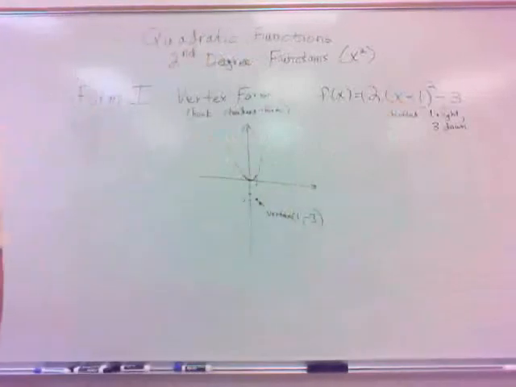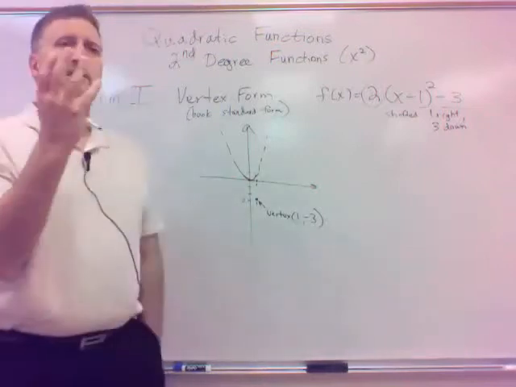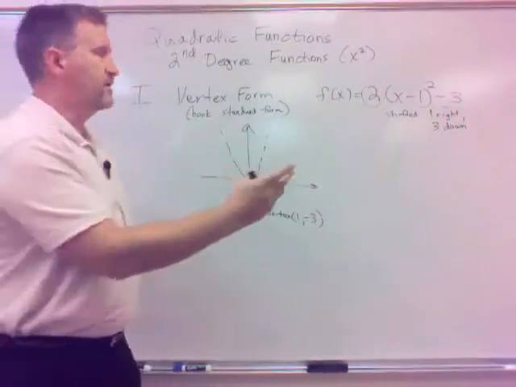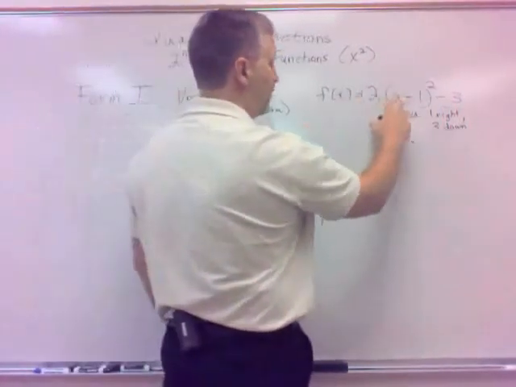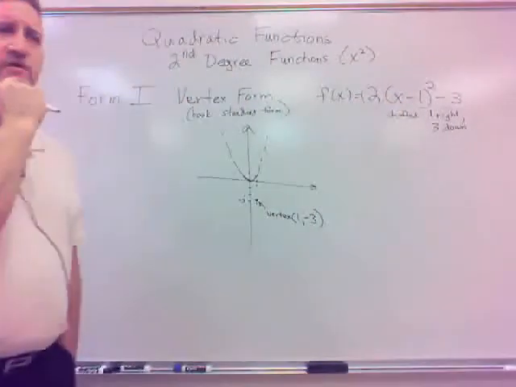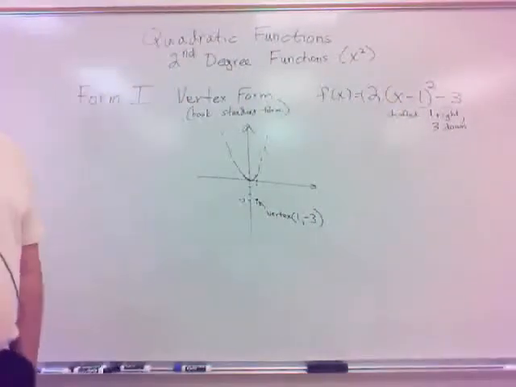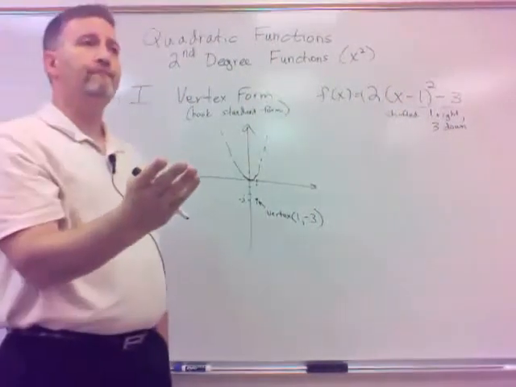But even more in particular, we'll do some other things to get the rest of the points here, but what else we can note here is, what about up or down? Is this graph going to open up or is it going to open down? It's going to open up. Why?